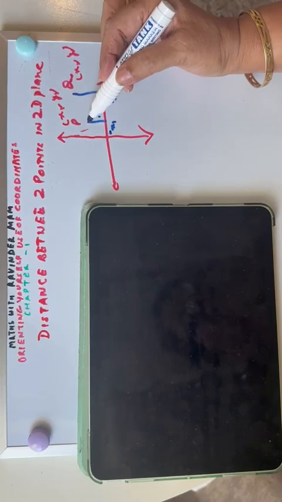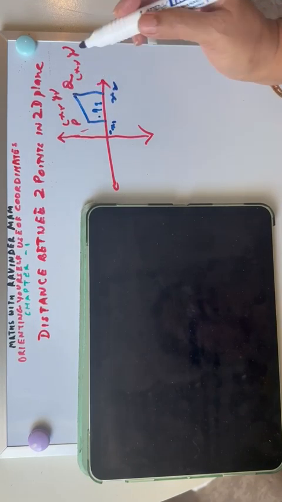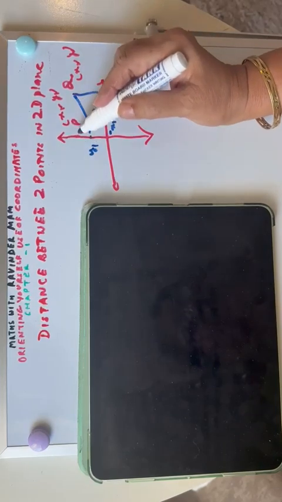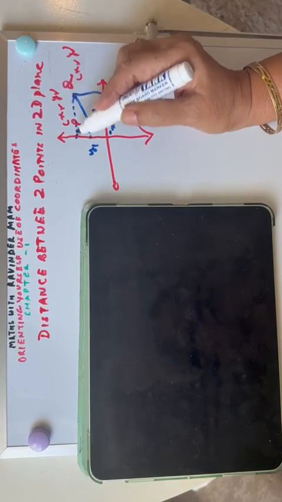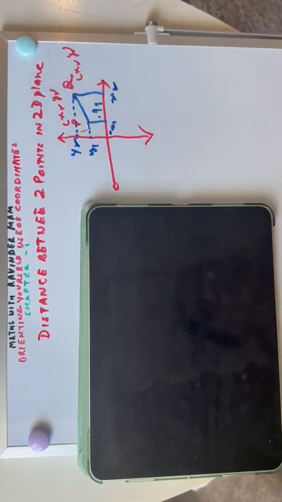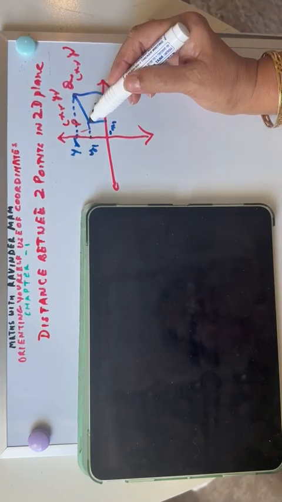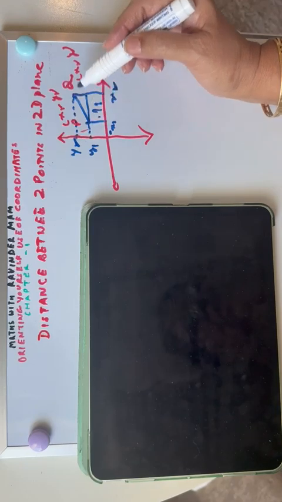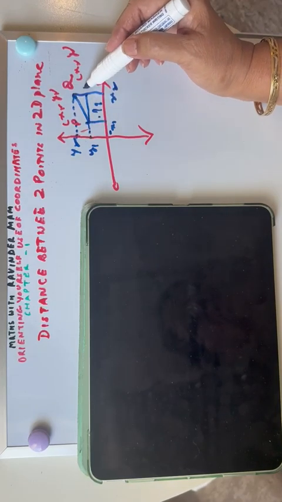We have to find this distance. And similarly, this is y1 and this is y2. So to find this distance, we use Pythagoras theorem. This point was P, this is Q, let this be R.